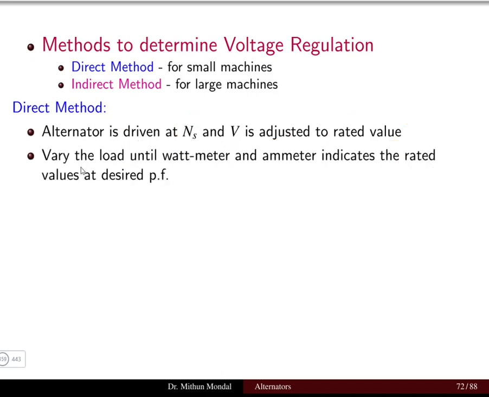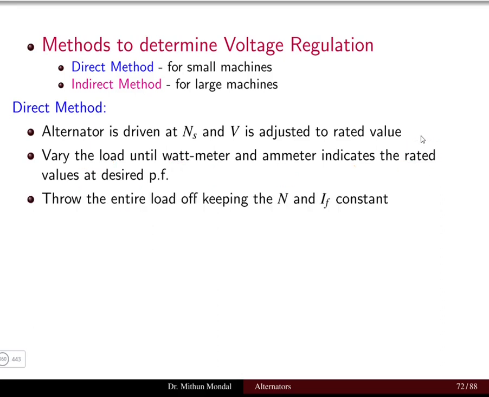Then we vary the load until the wattmeter and the ammeter indicate the rated values at a desired power factor. These rated values will be available in the nameplate details of an alternator.